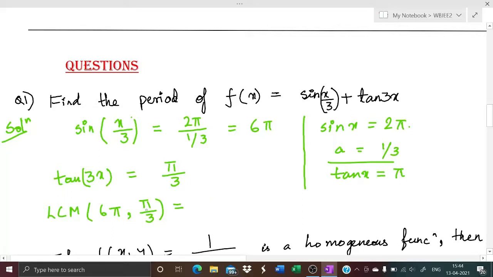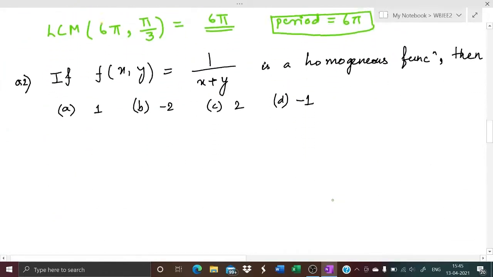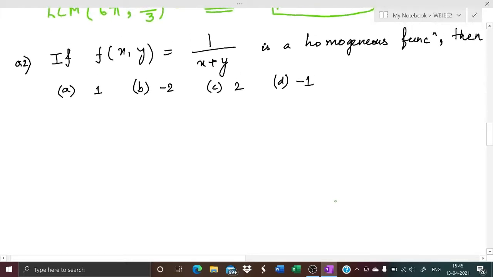Now LCM of 6 pi and pi would be 6 pi, and the HCF of denominator, that is 1 and 3, is 1. So it would be 6 pi. So the period would be 6 pi. Okay. Fine. Now next question.